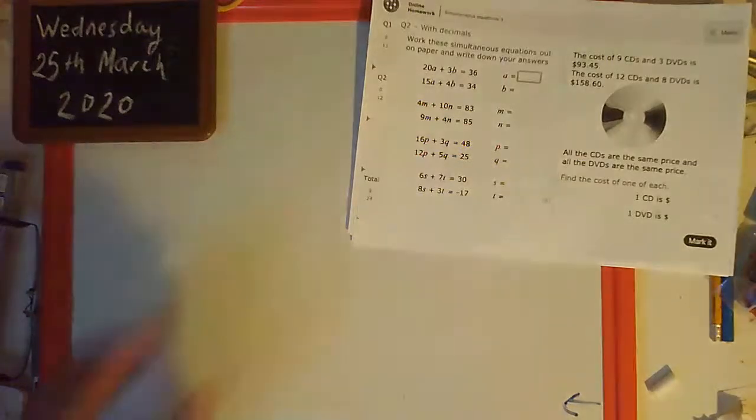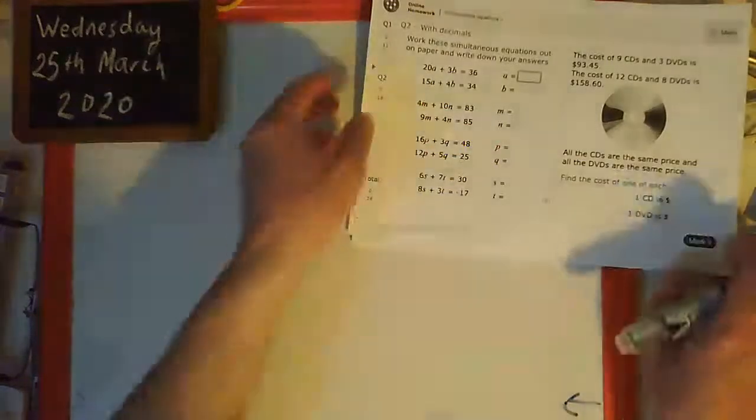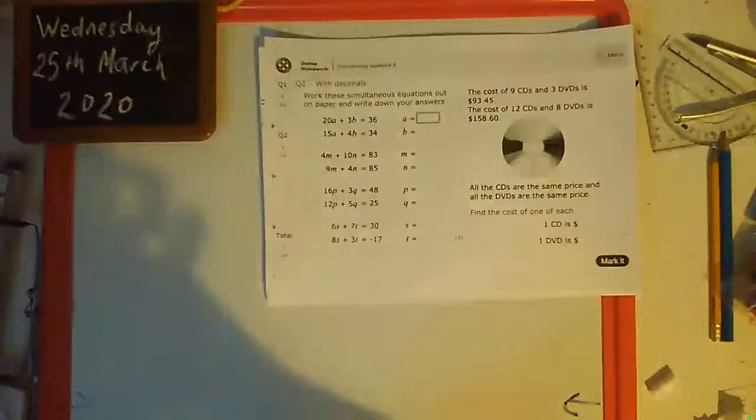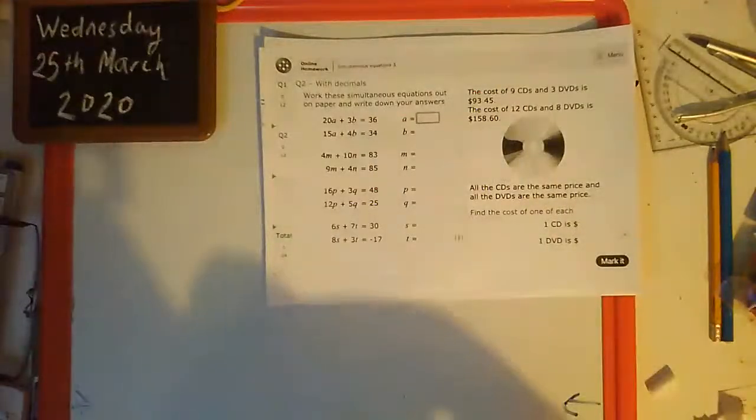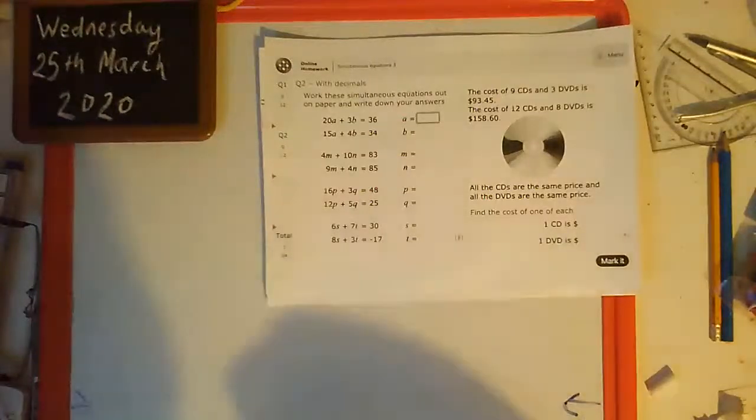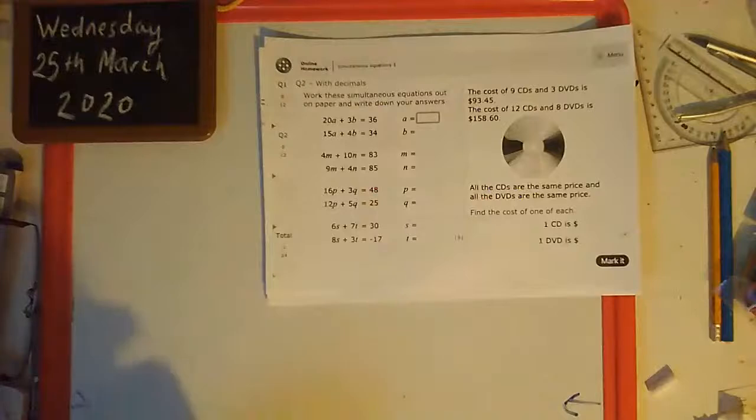Okay, so here we go. Today I'm going to continue to look at some simultaneous equations problems from the iMaths. That's relevant to MYP3 at the moment, because I've just started you off on simultaneous equations, and I hope that the videos I've asked you to watch have made sense.